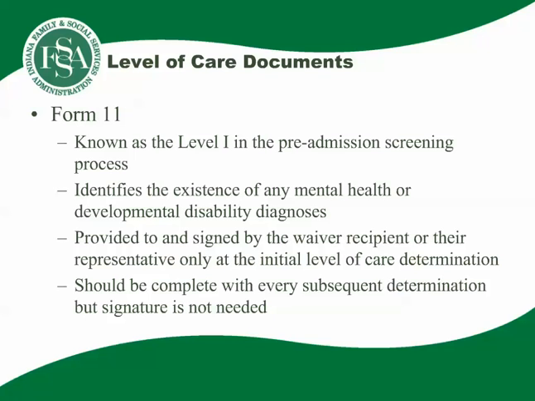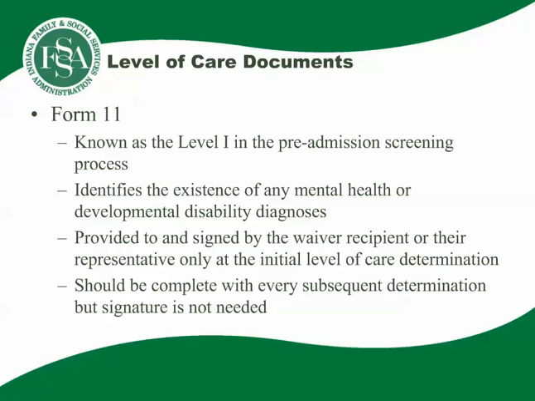And again, the significance of it is that if in a pre-admission screening situation, the existence of mental health or developmental disability diagnosis triggers that level 2 evaluation. For waiver, we don't have that level 2 because we don't have the ability to offer them specialized services for those needs.